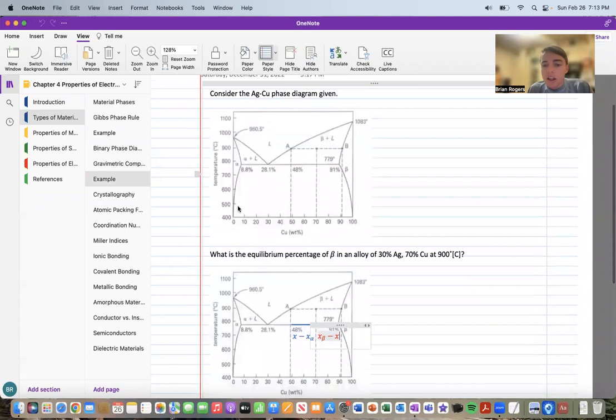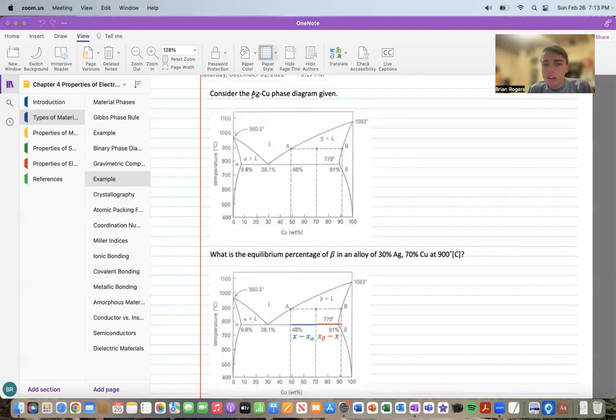It says, consider these two elements that we have. From these two elements, it gave us a phase diagram below. What we're going to see is the weight percentage of copper is on our x-axis. So if we say it's 60% copper, then it's 40% of the other element.